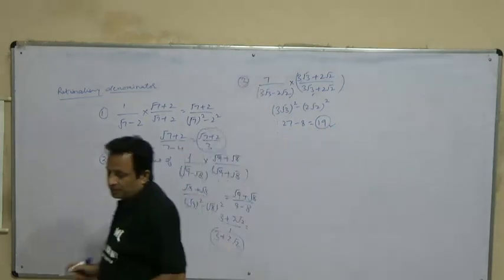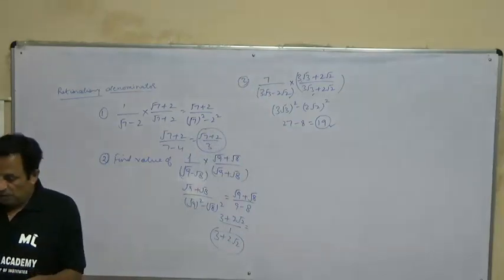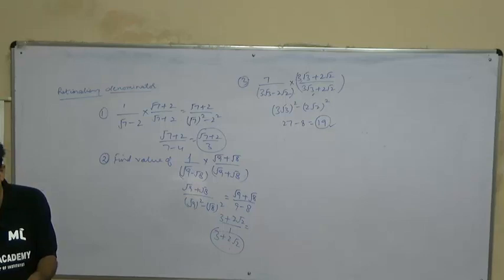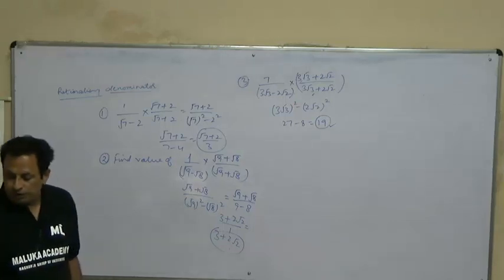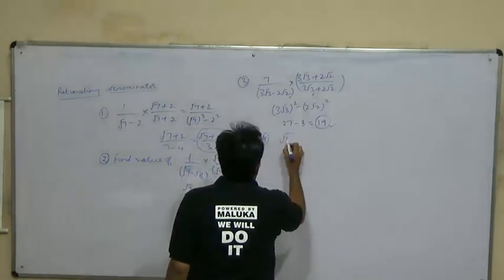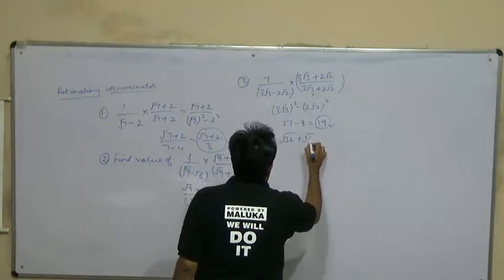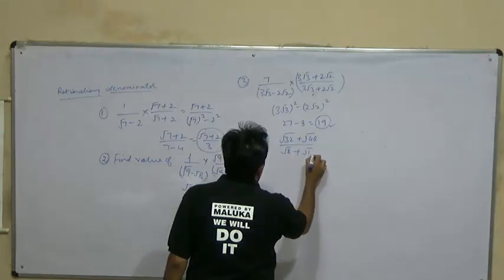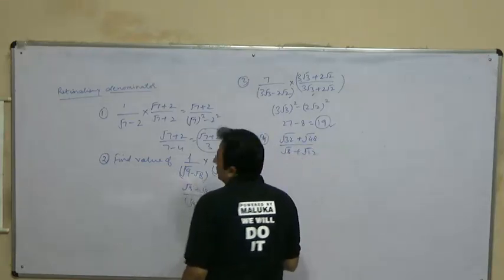The next is, find the value of root 32 upon root 48 upon root 8 plus root 12. You have to find this value.